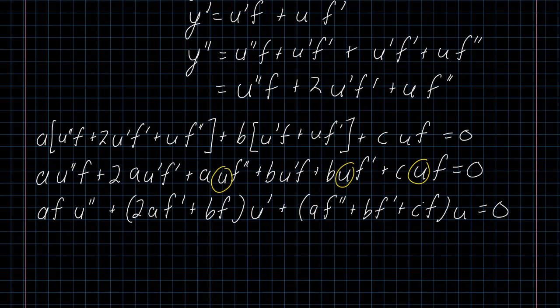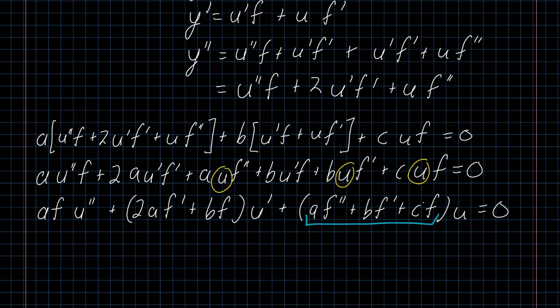A couple of things to keep in mind here. The first one, a, b, c, and f prime and f double prime are all known functions. These are all things that we know going into the scenario. Another thing, and the more important thing to keep in mind, is that f is a solution to the differential equation.